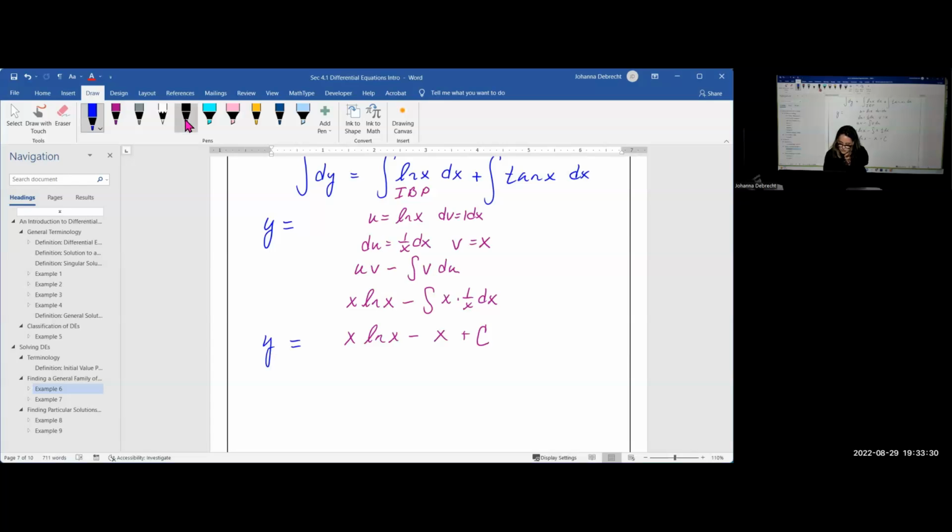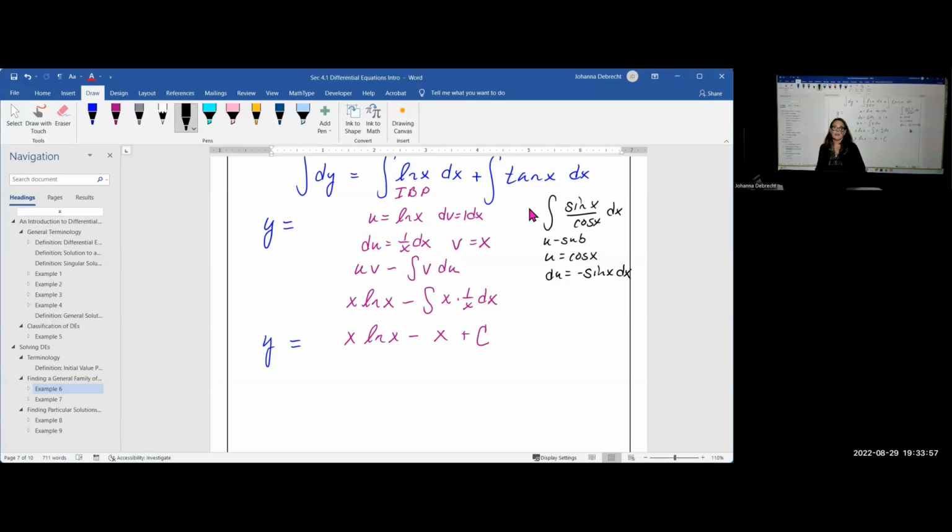And now I need to integrate the tangent of x. So if I integrate tangent, remember you need to rewrite it as sine divided by cosine. So this is going to give me the integral of sine of x over cosine of x dx. And I make a u substitution where u is equal to cosine of x and du is equal to negative sine of x dx.